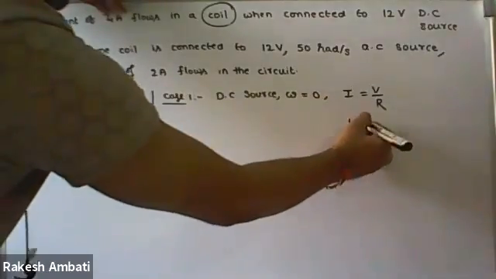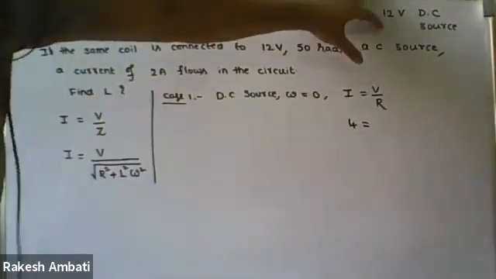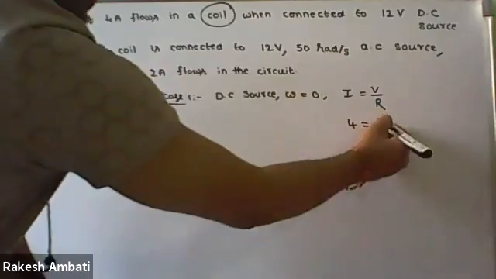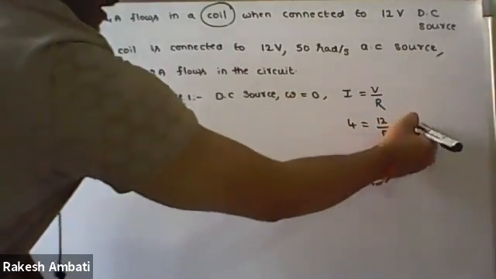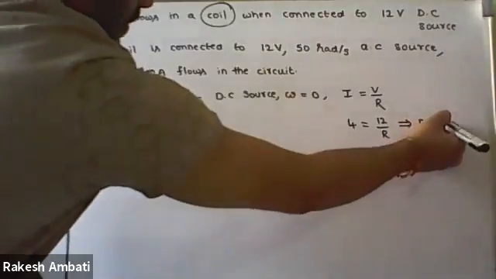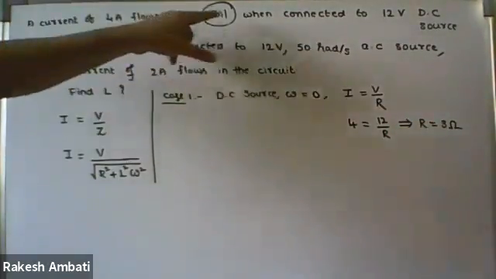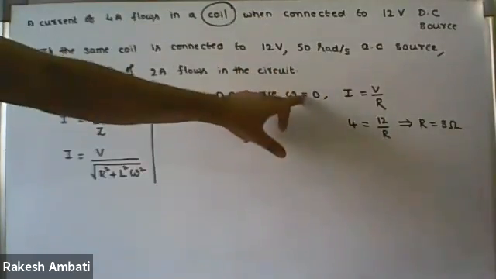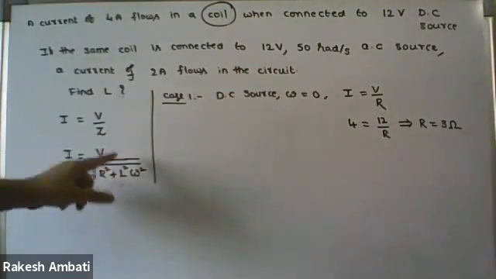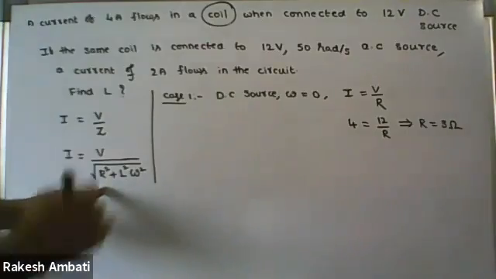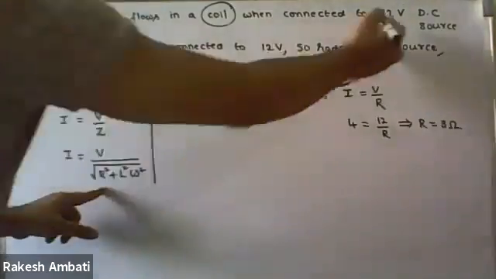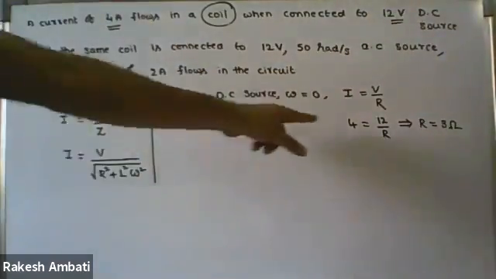So 4 equals 12 upon resistance. If we simplify, resistance is 3 ohm. So from the first case, DC means omega value 0, we are left with I equals V by R. I and V are already given, so we are finding R.